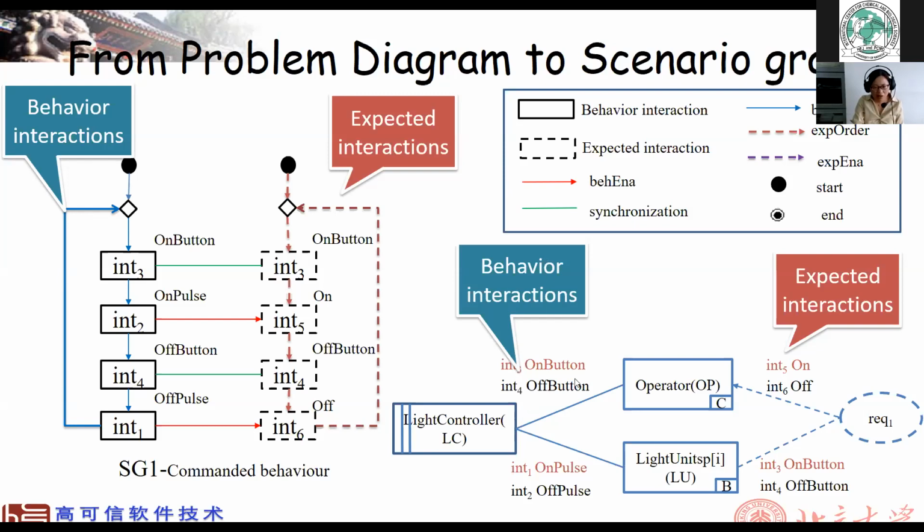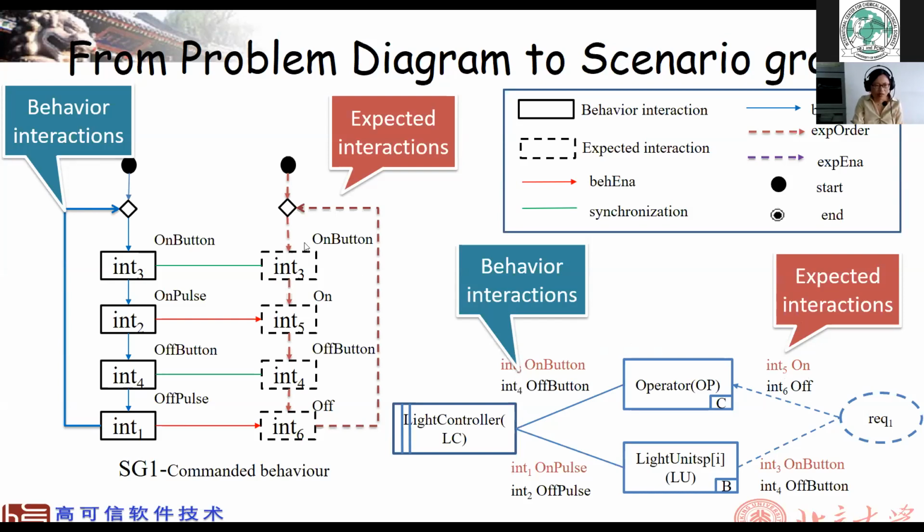So we can express all the interfaces, but in order to represent the requirements' realization, we also distinguish these two kinds of interactions. We call these interfaces behavior interactions, because they describe the behavior of the machine, here a light controller. And we call the requirement reference or constraint expected interactions, because they are what the requirements really are. They are what the users want.